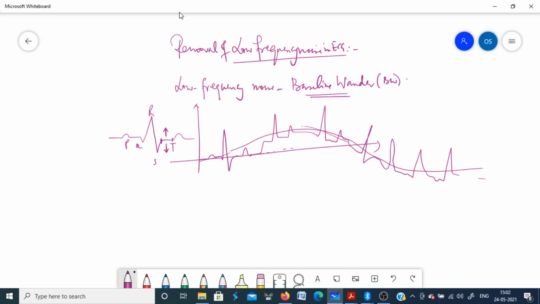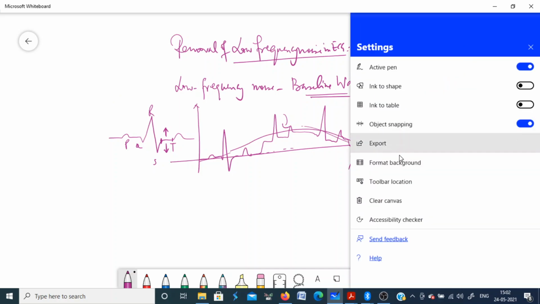Okay, that means lack of blood to the heart muscles, that is a disorder or arrhythmia, you can say. So if this baseline shifts up and down due to this artifact, there is a problem in the analysis of this ECG signal.